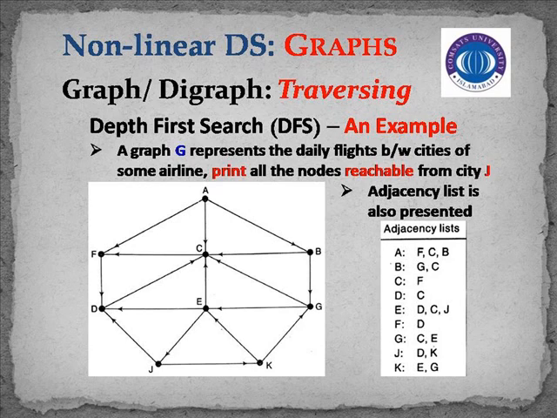Dear students, the depth first search algorithm is also discussed with an example in which a graph G represents the daily flights between cities of some airline, and where the nodes reachable from J will have to be printed.